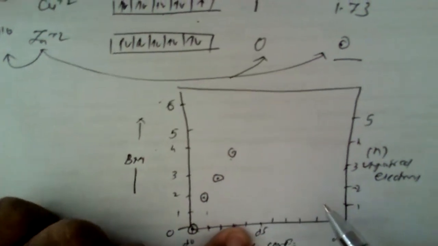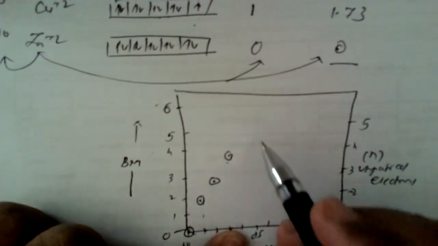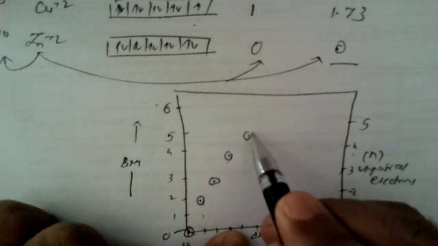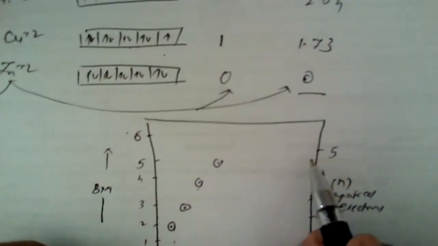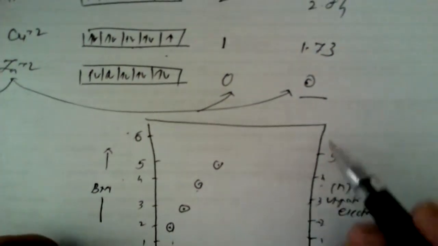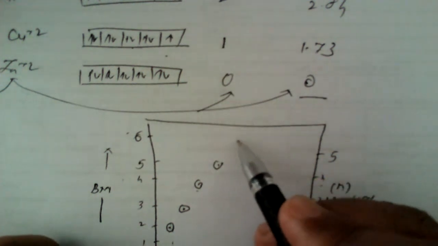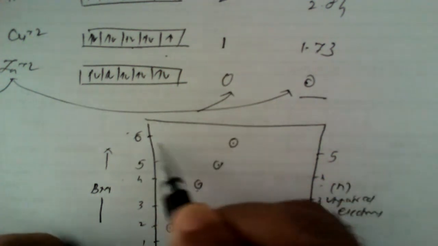For D4 case, 4 unpaired electrons are there, 4.90 here. And for D5 case, total number of unpaired electrons are 5, the magnetic moment is 5.92, nearly equal to 6, like this.